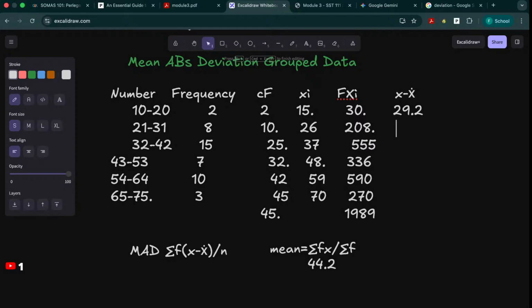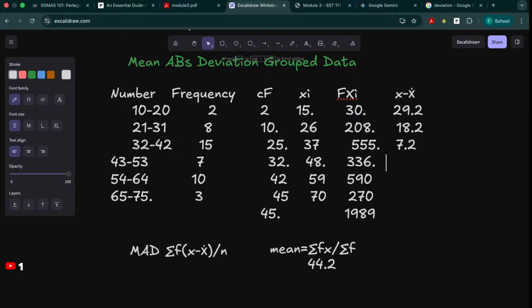Then the other part is 44.2, our mean, minus 26 as our x, and we should get 18.2. Then 37 minus 44.2, get 7.2.